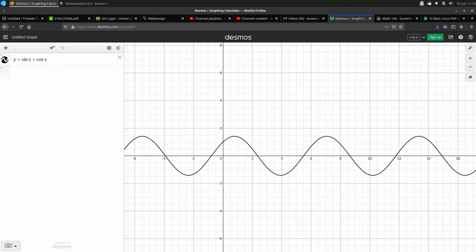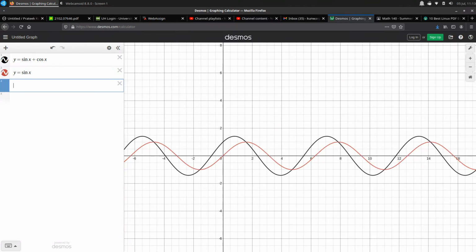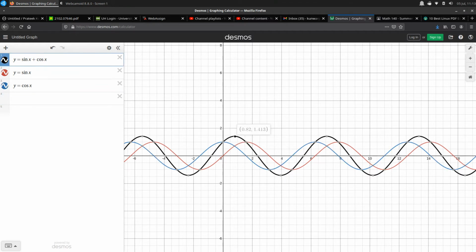So adding these, let's say I plot them separately. Adding the red and the blue graph gives me the black graph. So that makes sense. Right here, this is going to be exactly double the length. It's going to be red plus blue added. And in some cases, the red is positive, the blue is negative, so they cancel out to get a 0. So you do get a periodic function.